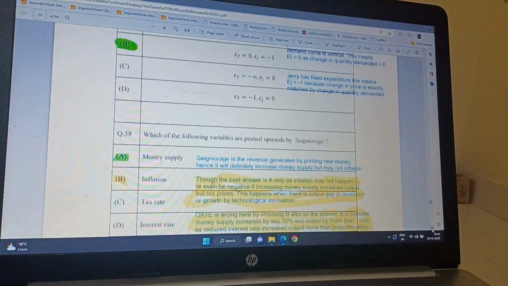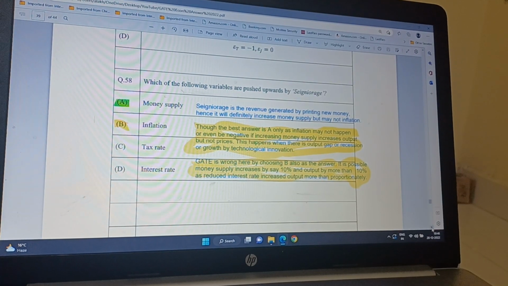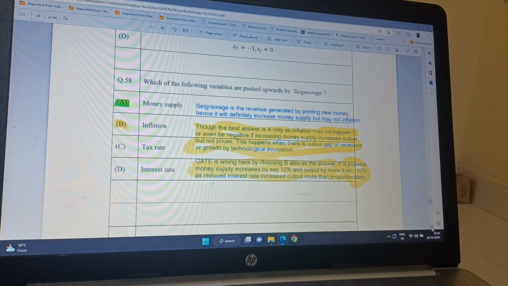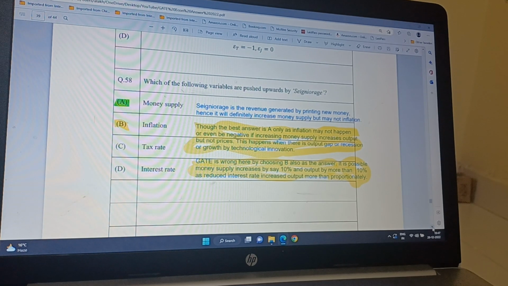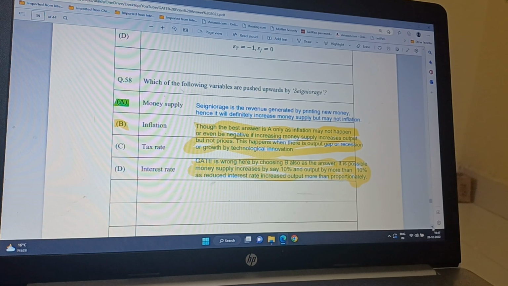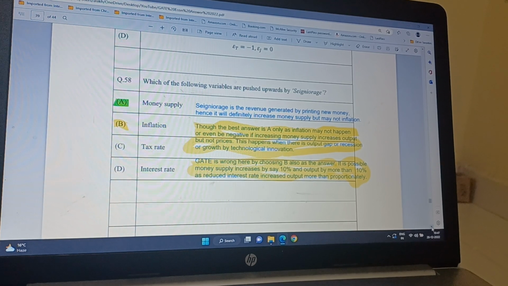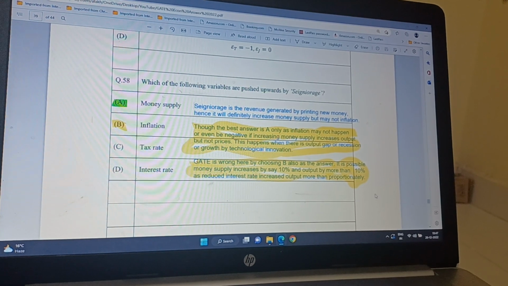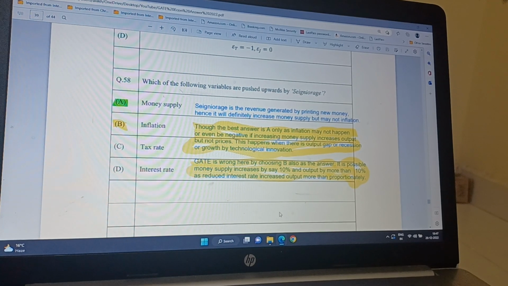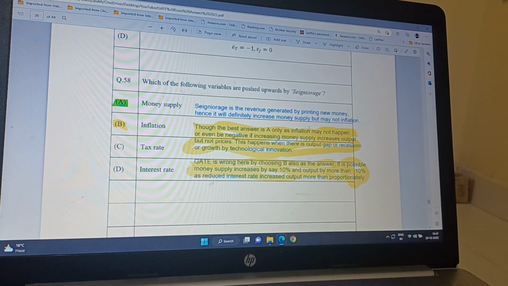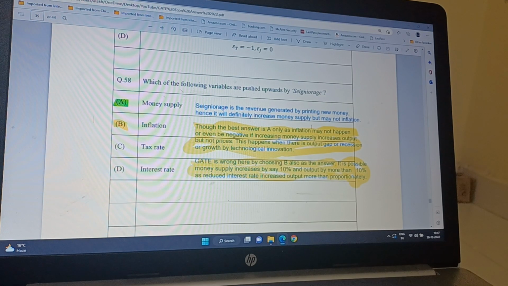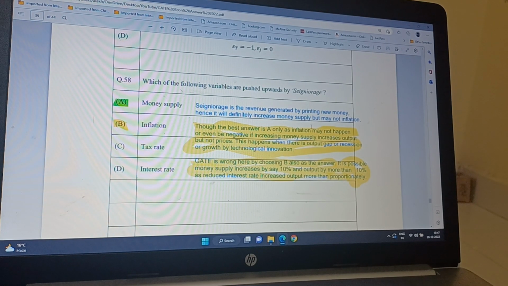Now I go to question number 58, and it says, which of the following variables are pushed upward by seigniorage? In seigniorage, the government earns revenue by printing more money. So if more money is printed, then money supply will increase. So of course, money supply will be pushed upwards.